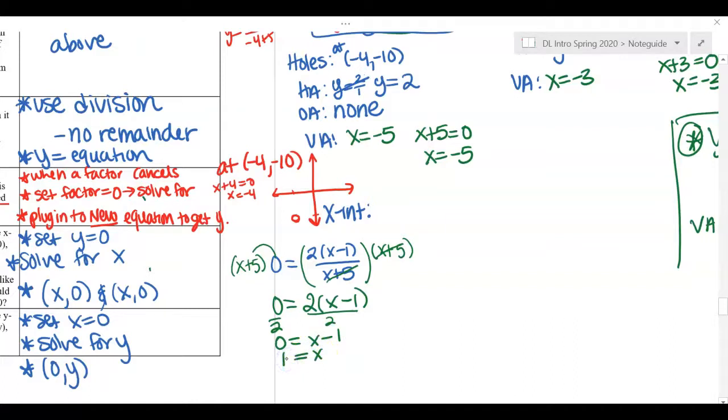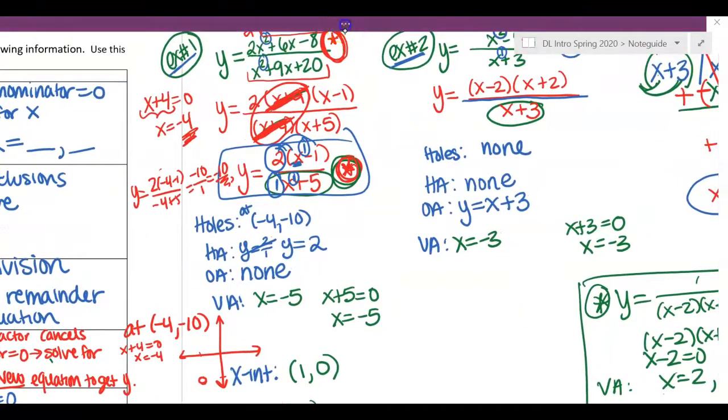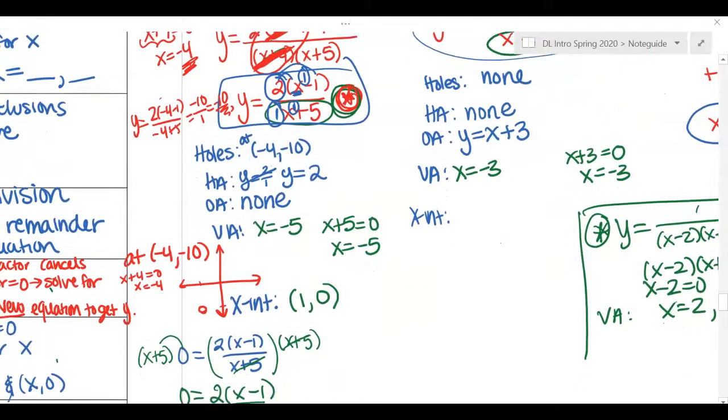And remember what you were looking for. You were looking for x-intercepts. This is a point. We got an x value of 1. Okay. We're also going to try it for our second function here. So if we are looking for our x-intercept, we take this equation and we set y equal to 0.